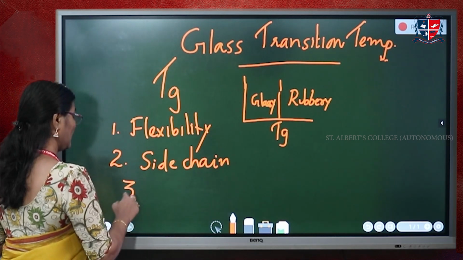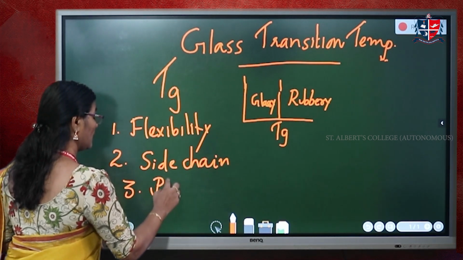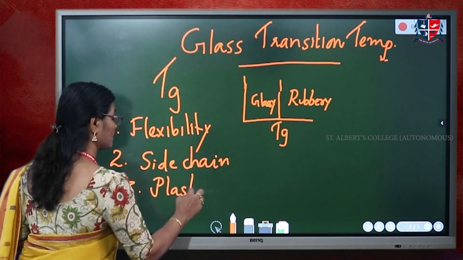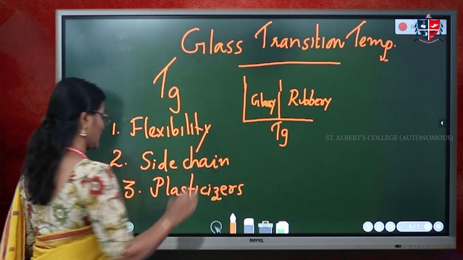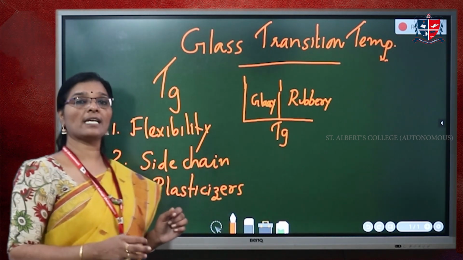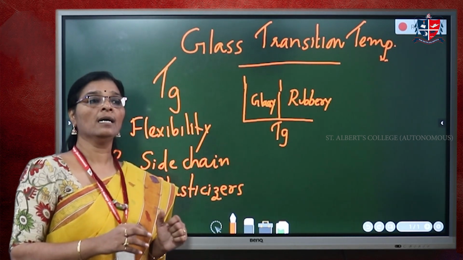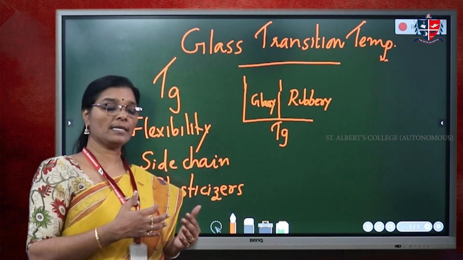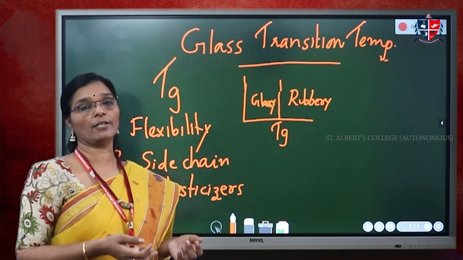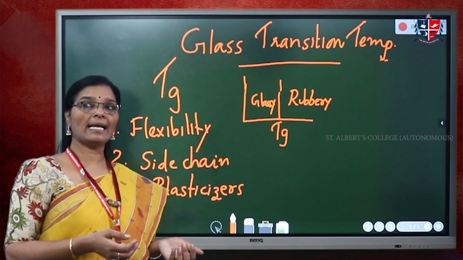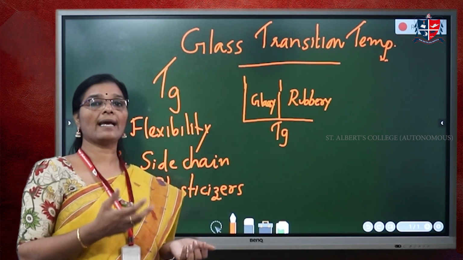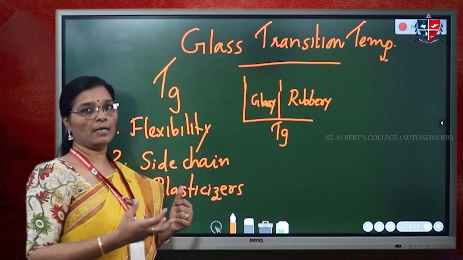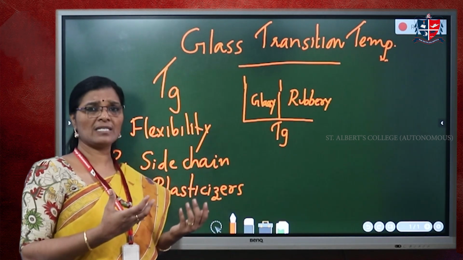And another thing, we know the plasticizers. Plasticizers are substances which are added to a polymer at the time of processing in order to improve the flexibility of a polymer. Normally, organic phthalates are used. Some esters of phthalic acid are used in the case of several polymers like PVC.